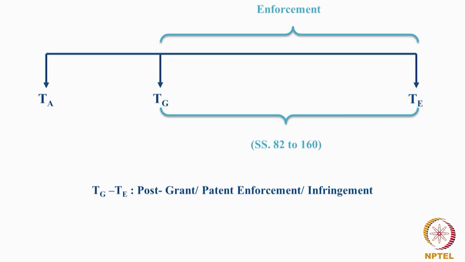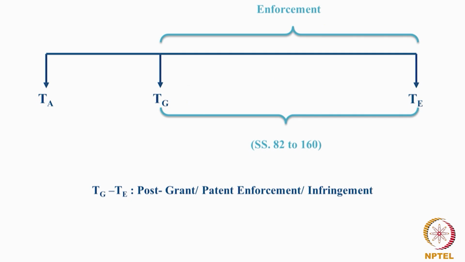So, when somebody else interferes with his right, we call that an infringement. An infringement is an act that intrudes into the right of a patentee. The patentee is granted certain rights under section 48 of the Patents Act. He has an exclusive right to exclude others. So it's a right to exclude actually.